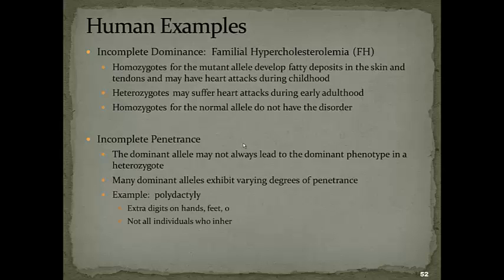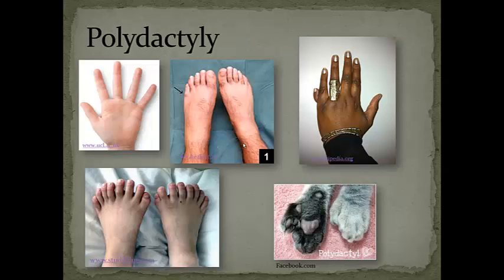Okay. Our example, polydactyly. This is extra fingers and toes. Not everyone who gets this allele is going to exhibit the trait. These are all examples of people who have the allele. You can see top left, no expression at all. Top middle, there's a little bump on the left foot. Top right, a reduced digit.